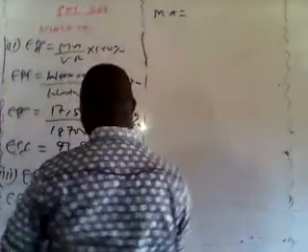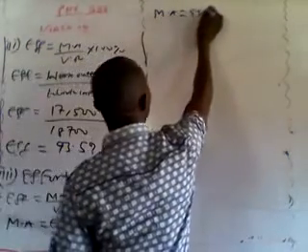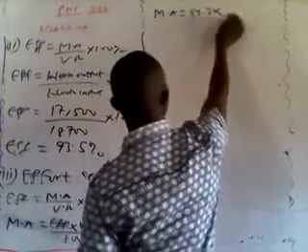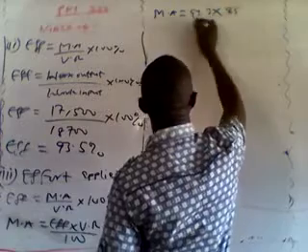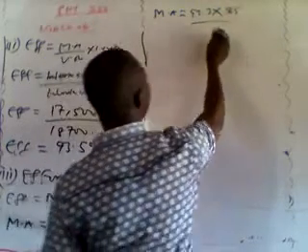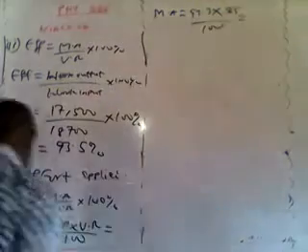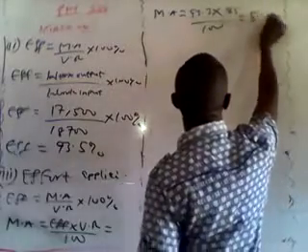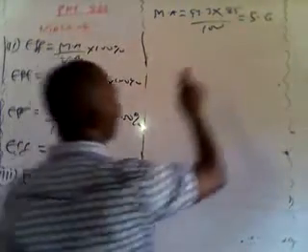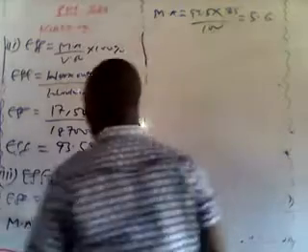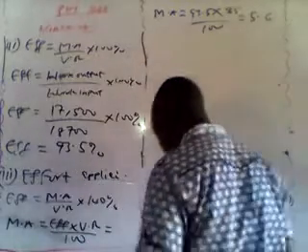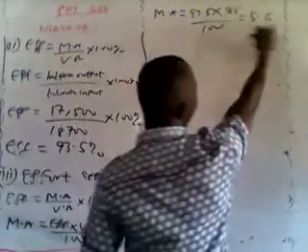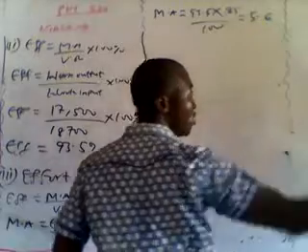My efficiency is 93.5, sorry for that. My velocity ratio is 25, over 100. If you input that in your calculator, you are going to have 5.6. Don't forget, MA has no unit, so you don't need to put any unit. If you do, you are going to be penalized.